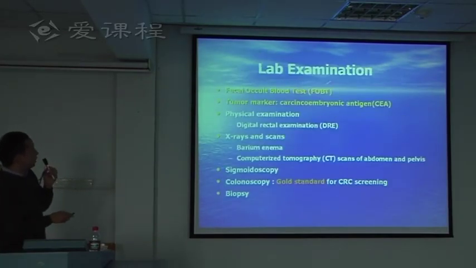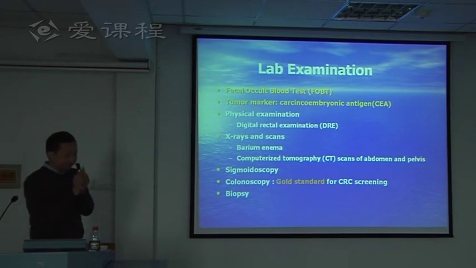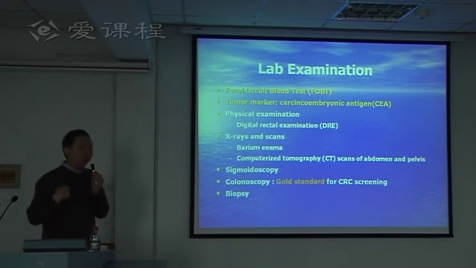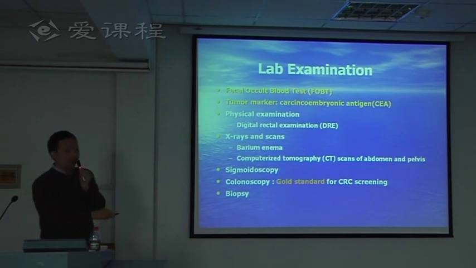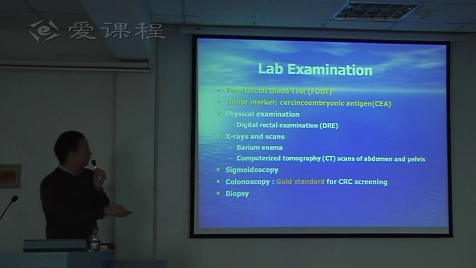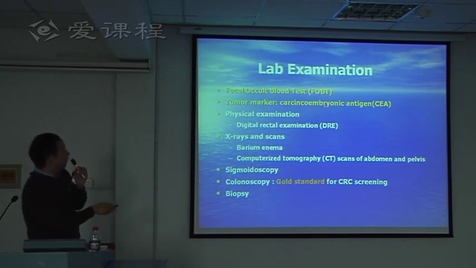So laboratory examinations, I think I mentioned it before, but these 2 mentioned here. One is the fecal occult blood test. Every patient in our department will receive this test. And another is tumor marker. CEA is most commonly used in colonic cancer, carcinoembryonic antigen.